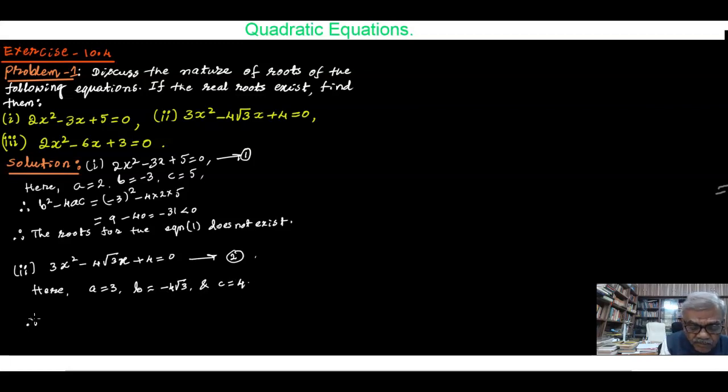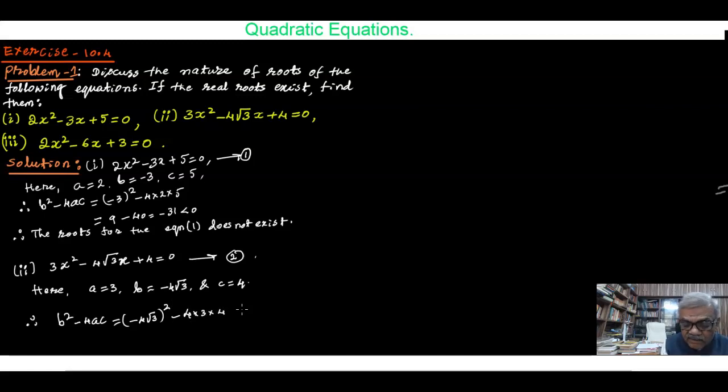Therefore b square minus 4ac equals minus 4 root 3 whole square minus 4 into 3 into 4.